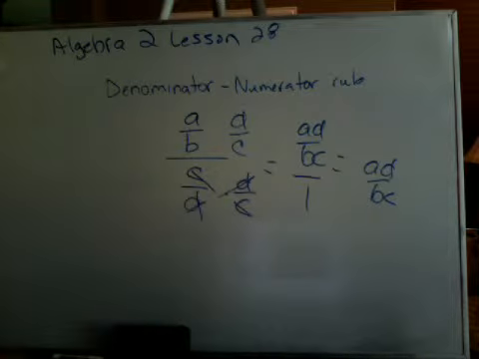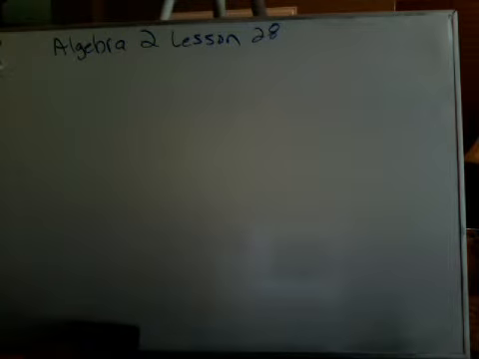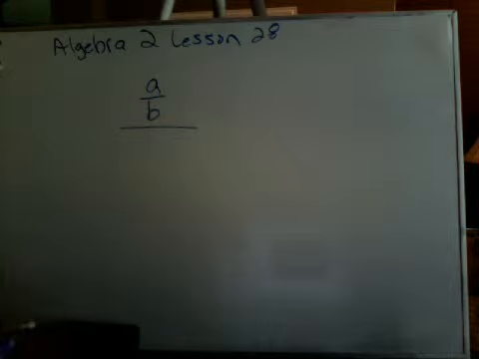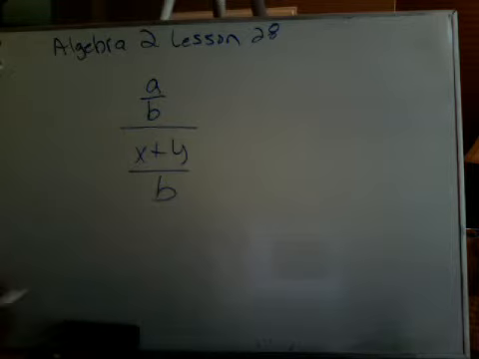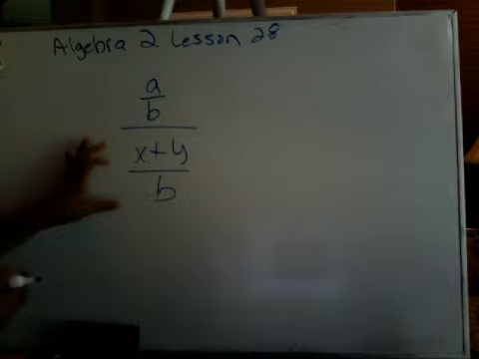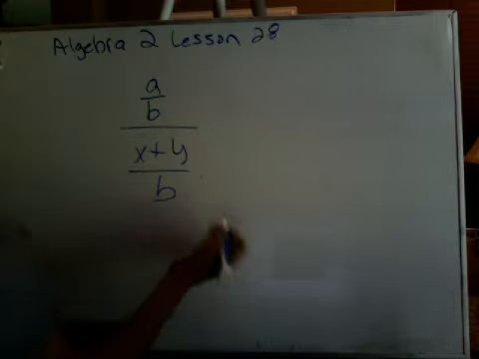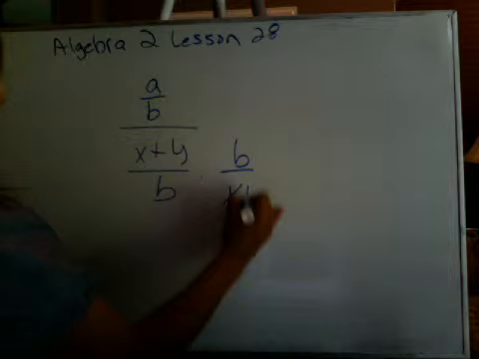We've just renamed this. Okay, so let's look at this next one. Simplify A over B divided by x plus y over B. So this is your denominator and this is your numerator. We want to get rid of the denominator, so I want to make it 1, so I multiply by its reciprocal. Doesn't matter what it is.